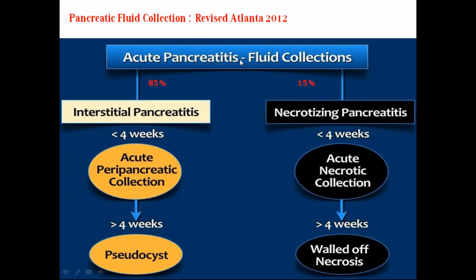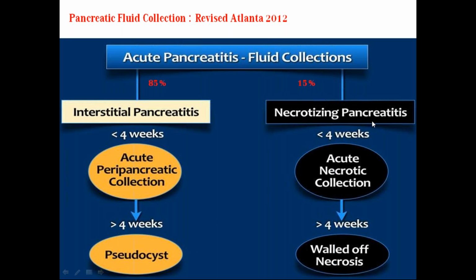In the revised Atlanta classification, fluid collections are of two types, in interstitial pancreatitis and necrotizing pancreatitis. In interstitial pancreatitis, if it is less than 4 weeks, it is an acute peripancreatic fluid collection. If it is more than 4 weeks and the collection is confined by fascial planes and surrounding organs, it results in a pseudocyst. The pseudocyst doesn't have an epithelial lining, only a wall, so it is known as a pseudocyst.